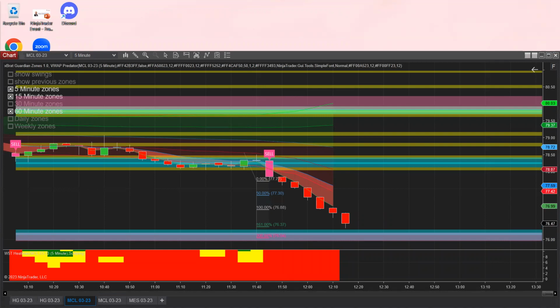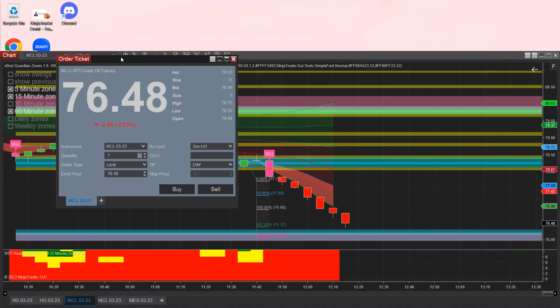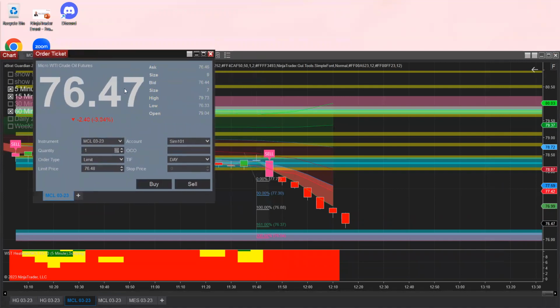On your NinjaTrader, you're going to go to new, open an order ticket. I'm just going to do it on sim. I'm not going to place the order now. The first thing you decide is the quantity. Say you're going to trade 5 contracts. The order type would be a stop market. Very important, remember, you are going to place this order when you go through the start point.